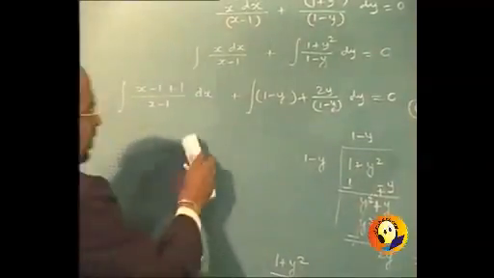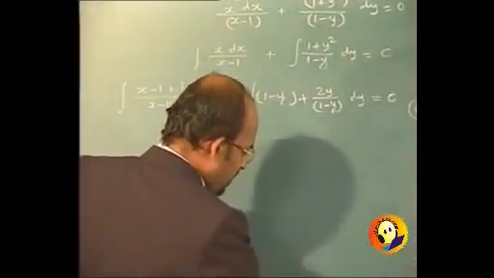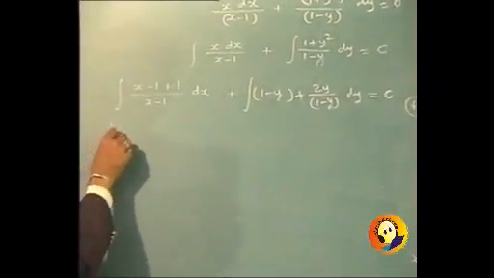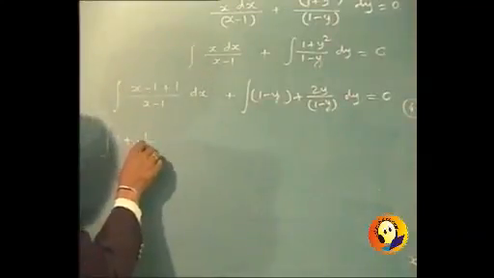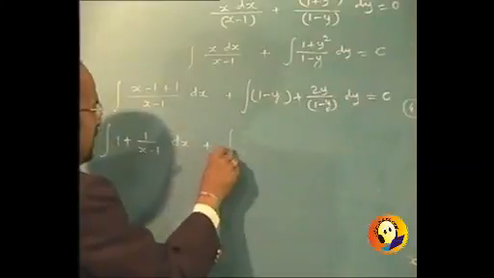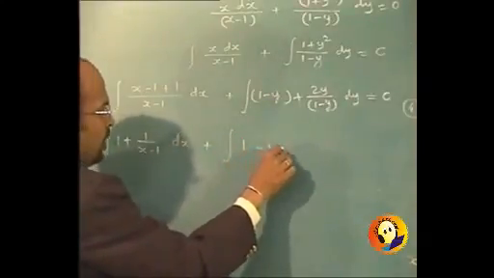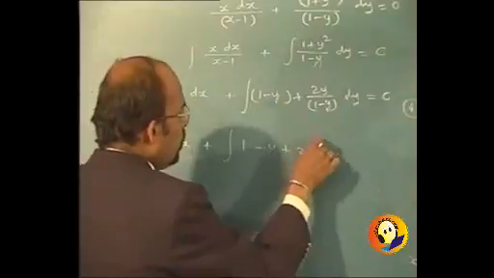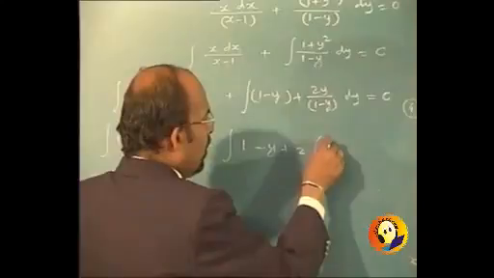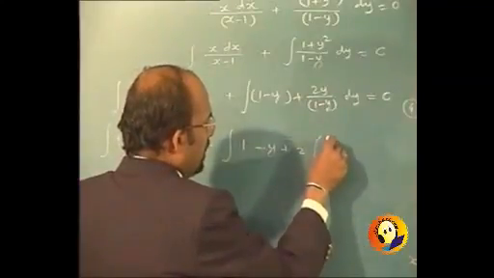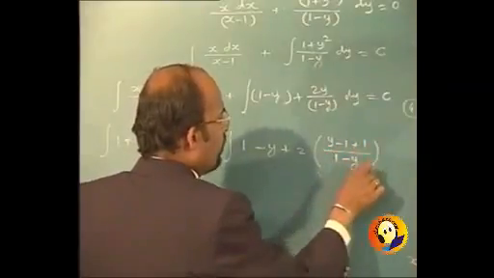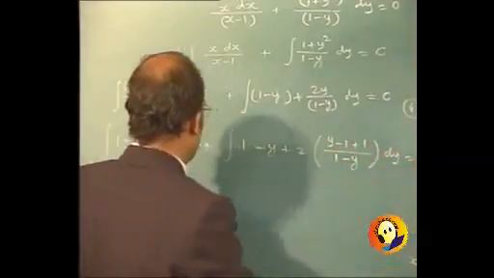And so we can proceed further. The first integral can be written as integral 1 plus 1 upon x minus 1 dx, plus the second integral can be written as integral 1 minus y plus 2 into bracket, it is going to be again the adjustment, and that adjustment can be written as 1 minus y plus 1 upon 1 minus y dy equal to constant.